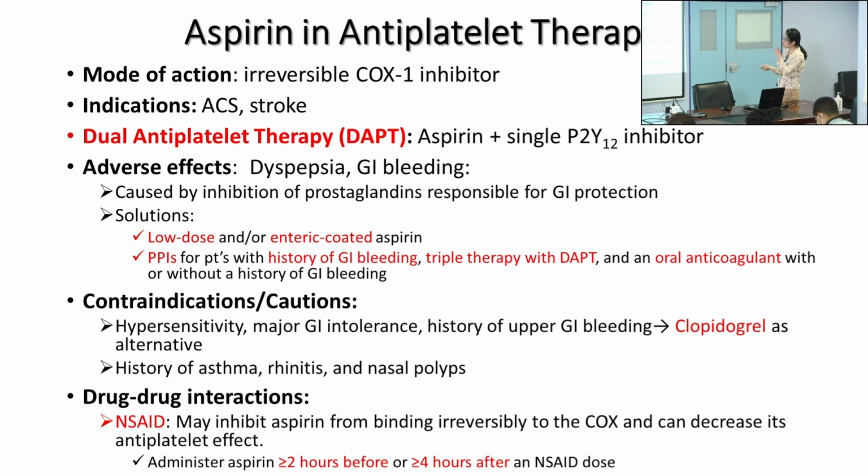Okay, I'm not very sure if we have the enteric-coated aspirin in Swaziland, but it is very popular in many countries because it can reduce the GI side effects.